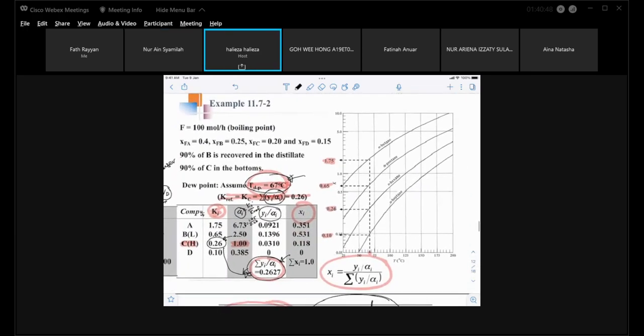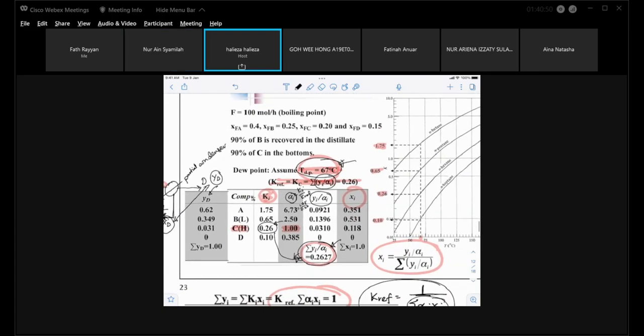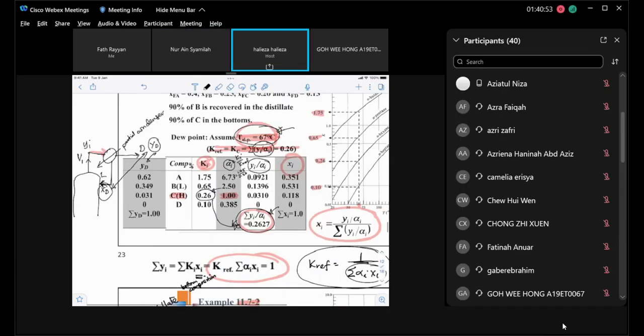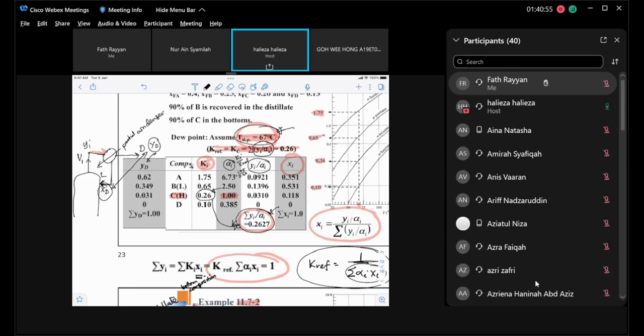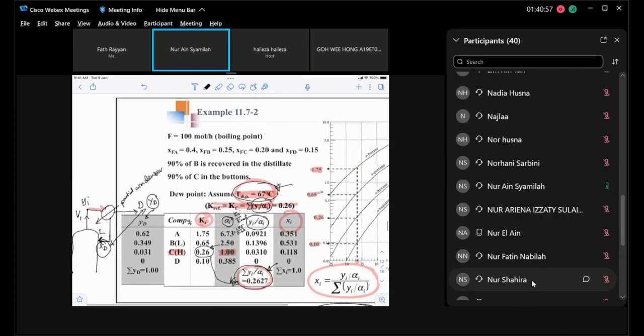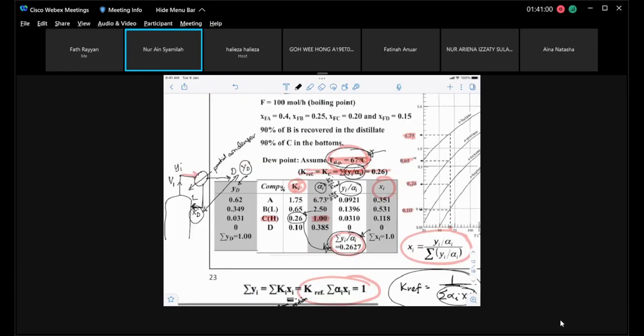Yes, this is the equation. Initially, you assume this is the dew point, and at that dew point you get the K value from the graph. When you do the summation, this is the value that you get.